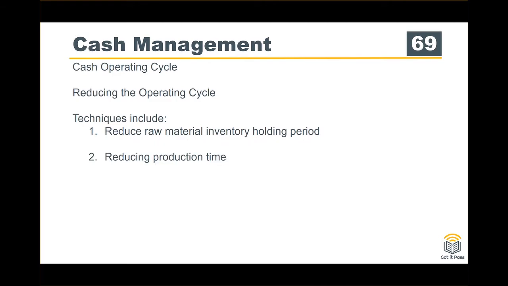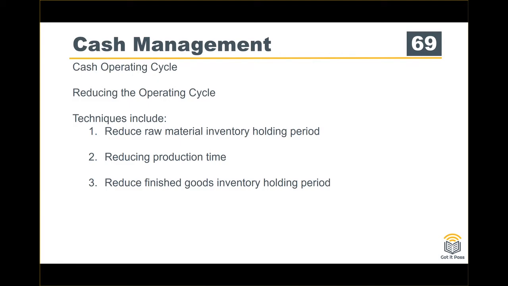Next is to reduce your production time. For example, you redesign your factory layout to ensure a more efficient way to produce the goods, to avoid any long waiting time for the WIP to enter the next production process. So all these are helpful to reduce your inventory so that your operating cycle can be reduced as well.